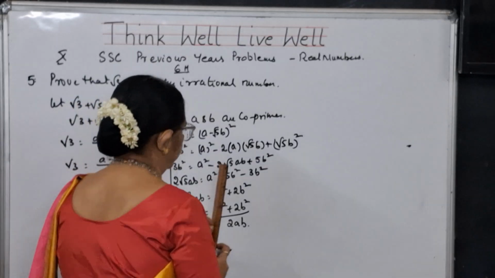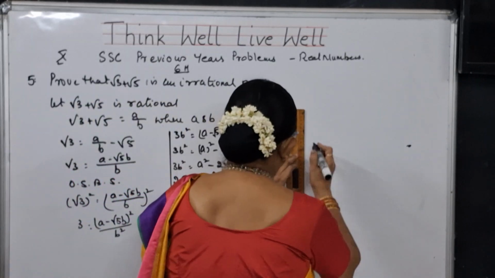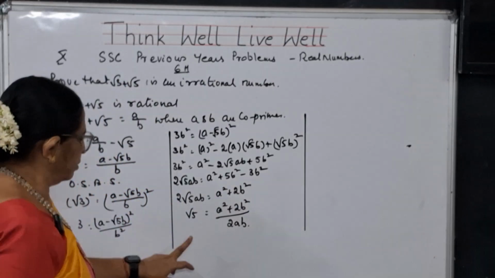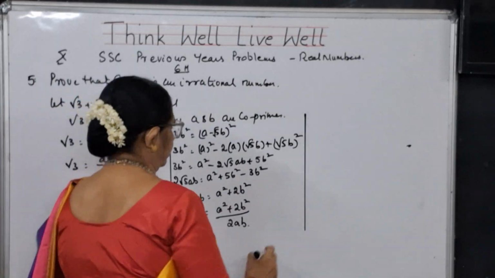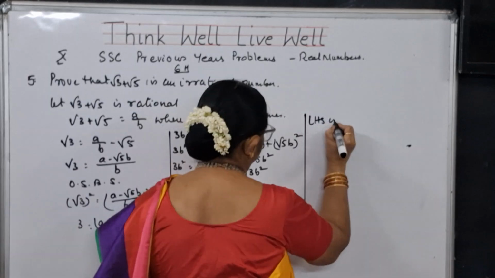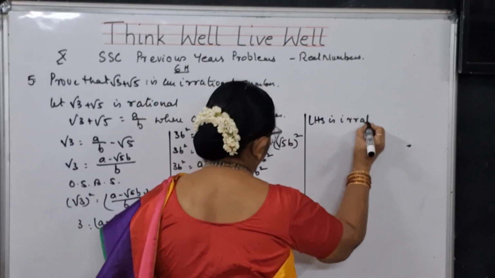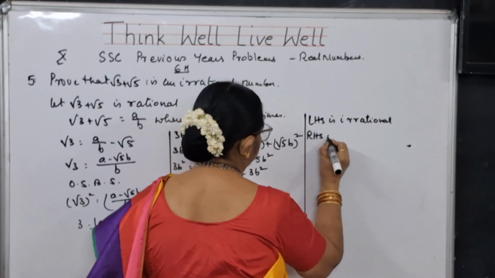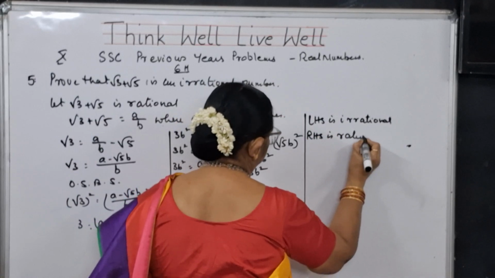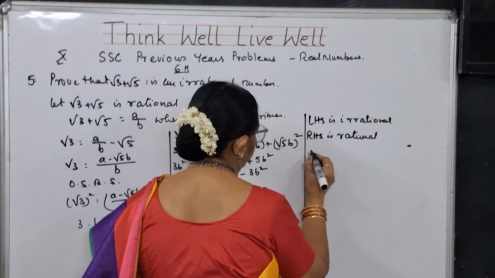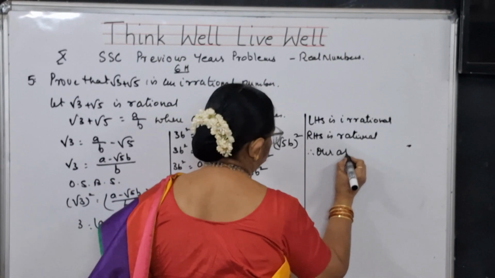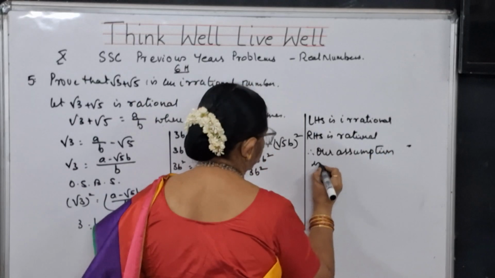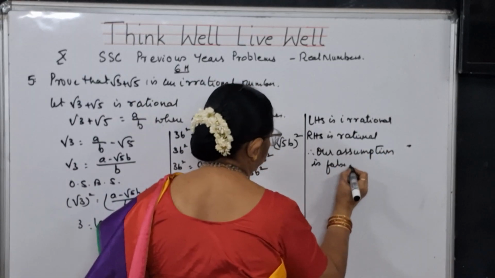So here again, LHS is irrational, RHS is rational. Therefore, our assumption is false.